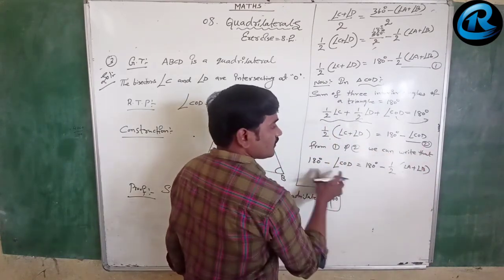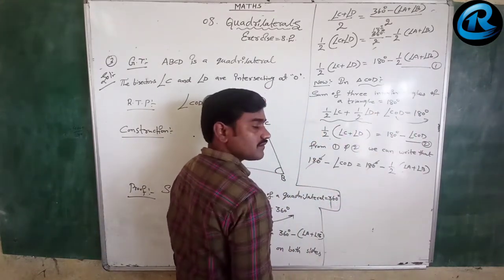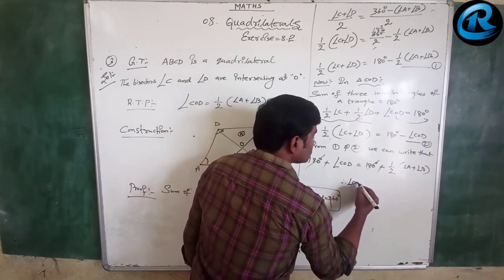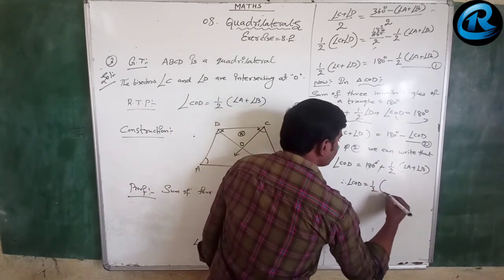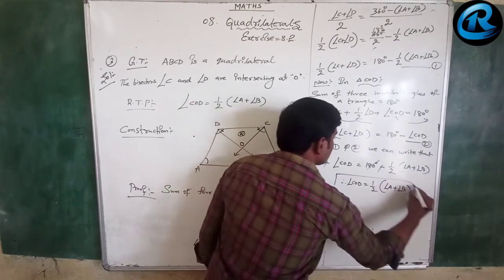The 180 degrees get cancelled, minus and minus get cancelled. Therefore, angle COD equals half of (angle A plus angle B). Hence proved.